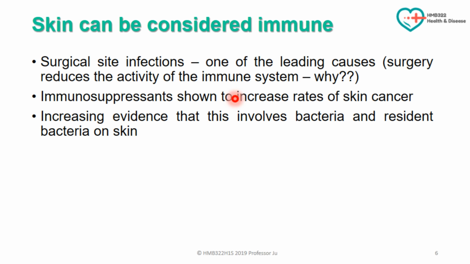So when your mom tells you that if you're cold, you are more likely to get sick, she's kind of right, in the sense that in surgery, having a drop in body temperature will actually lead to a suppression of your immune system.